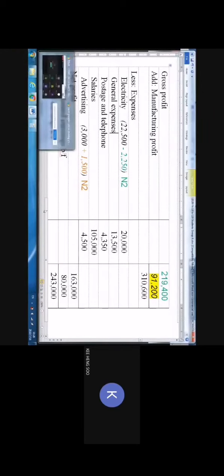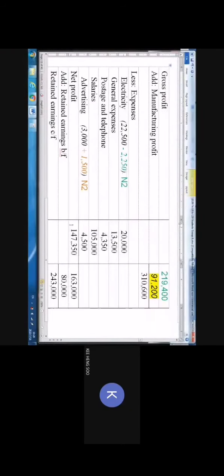Are you okay up to here? So now I add up together. So I minus, wait. You get 147,350. Am I doing any calculation wrong here? This one, oh sorry, this one is 20,250.